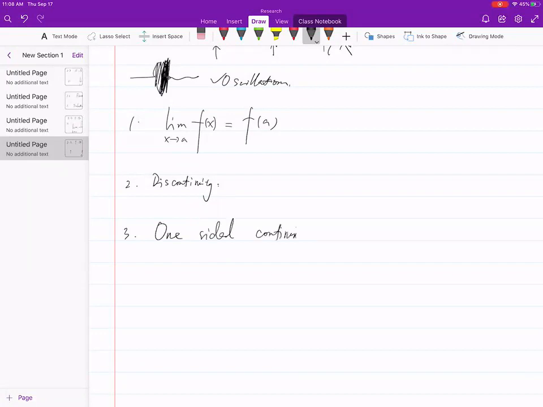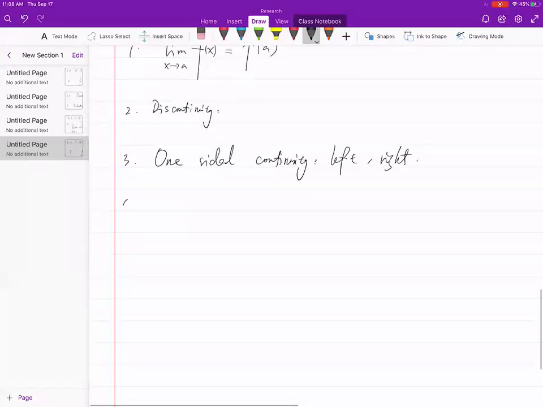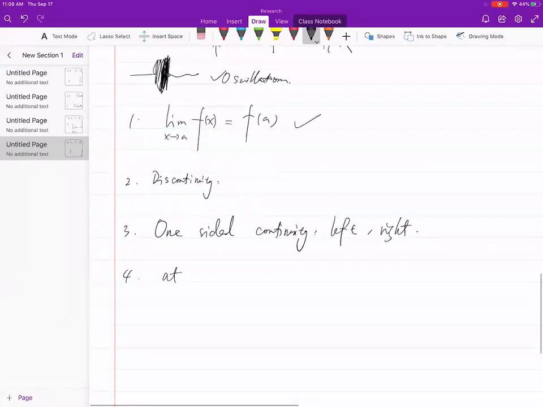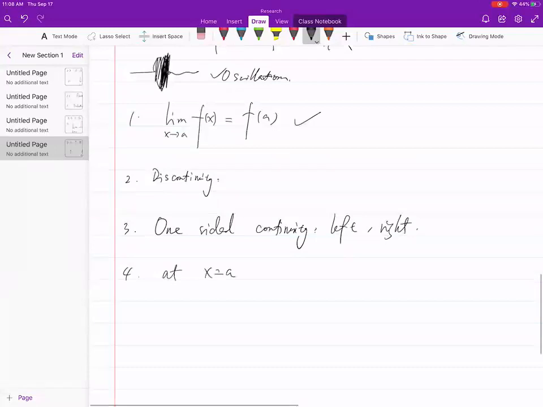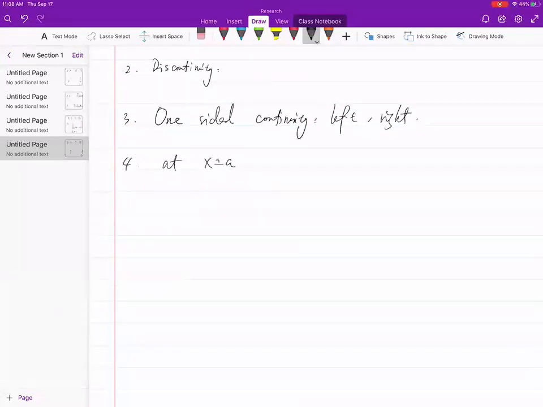In this case, it's basically left and the right continuity. Finally, we were talking about continuities on an interval. Everything we have done before, it tells you it is continuous at x equal to a. But now what we want to say is a function is continuous on an interval.